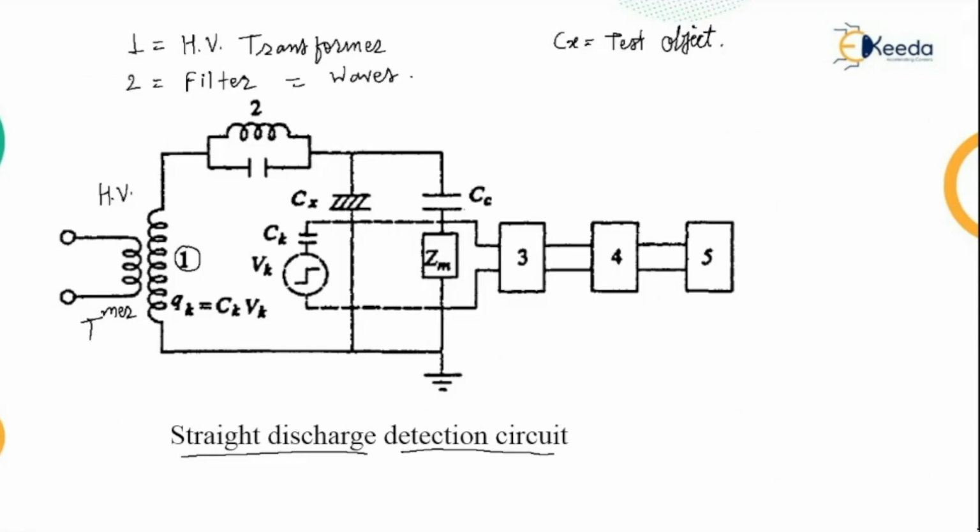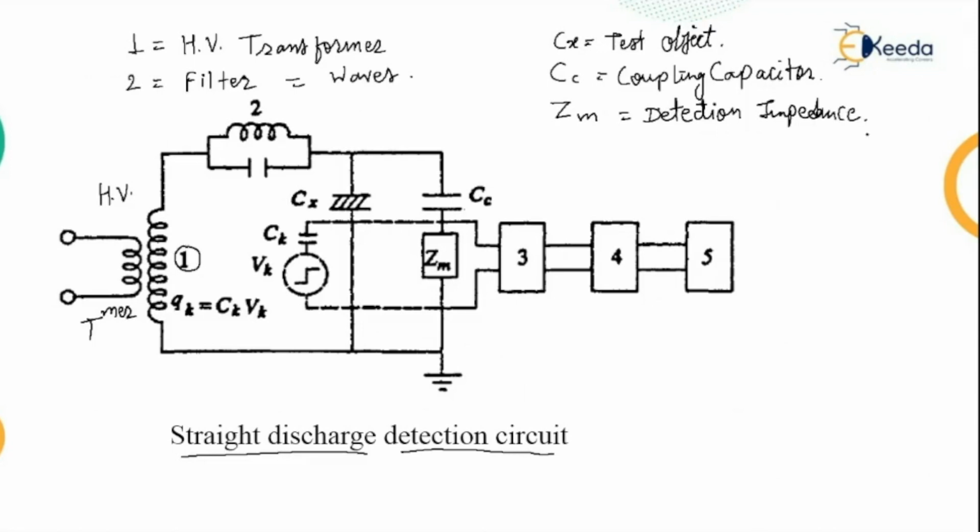Then CC is the coupling capacitor. ZM is the detection impedance.